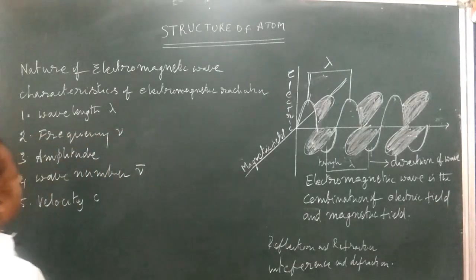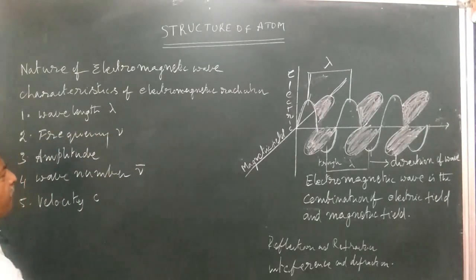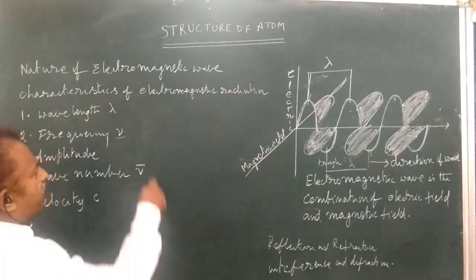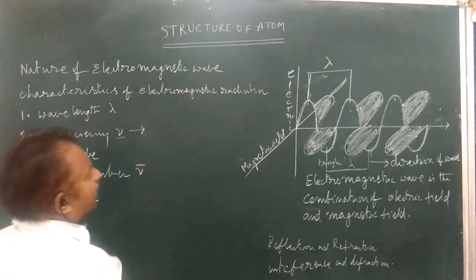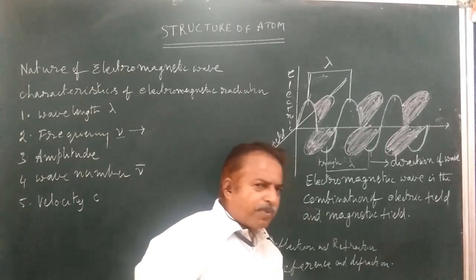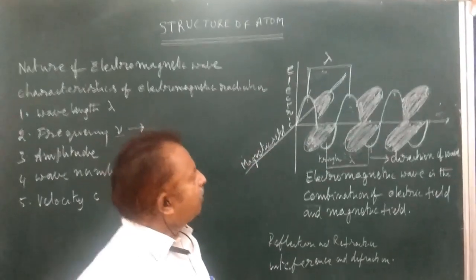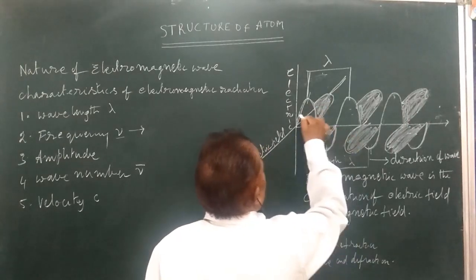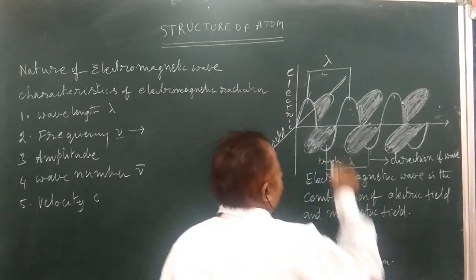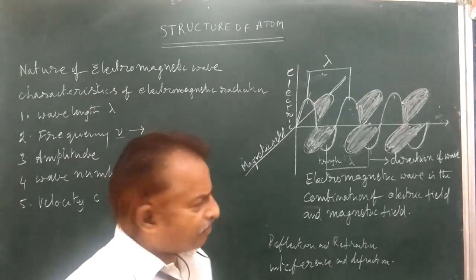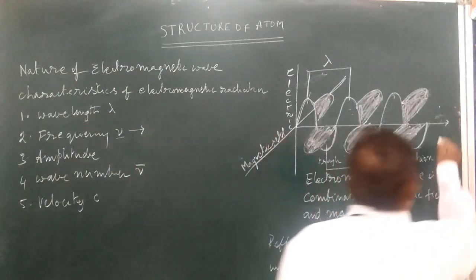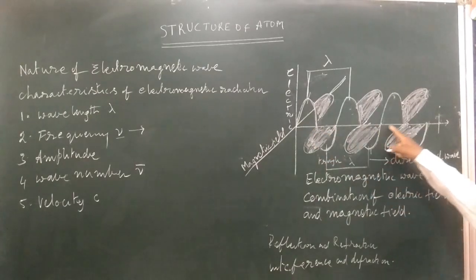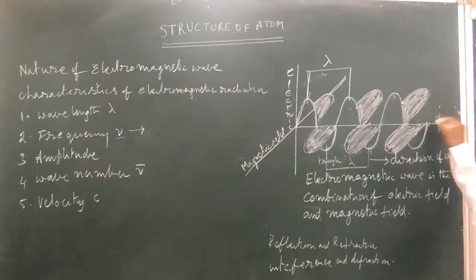Now let us discuss frequency. Frequency is denoted by the letter nu. Frequency is the number of waves that pass through a particular point in 1 second. Here, one crest and one trough together is referred to as one wave. Suppose we take a point here, how many waves can pass through this point in 1 second?